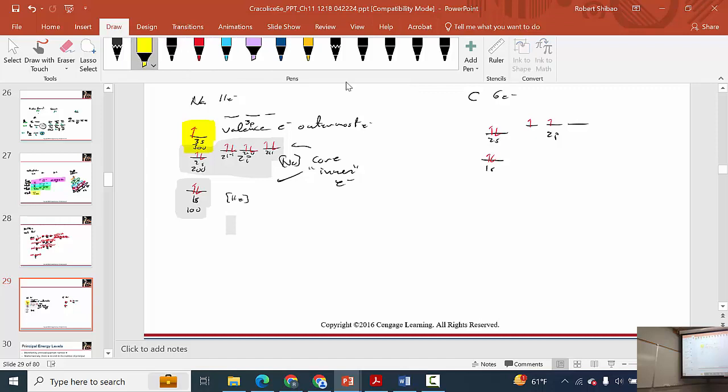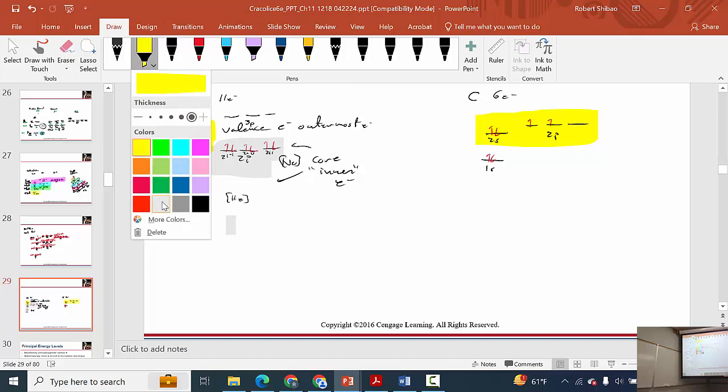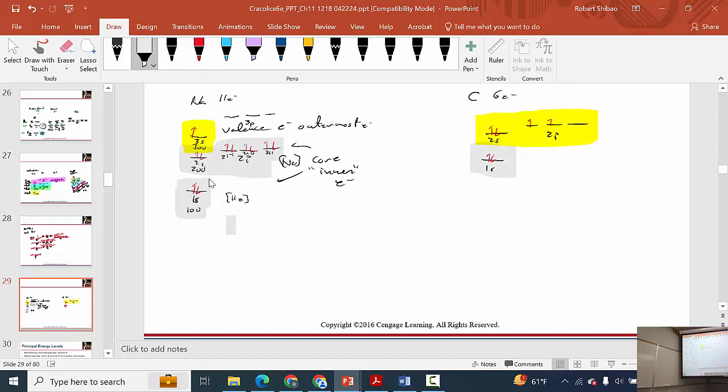All right, in this case here, carbon has a total of what we say, 2 core electrons. It's just the helium core in this case.